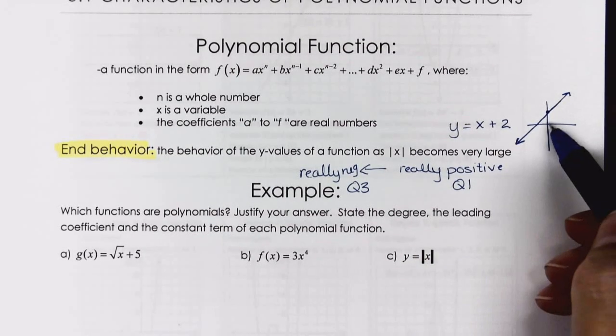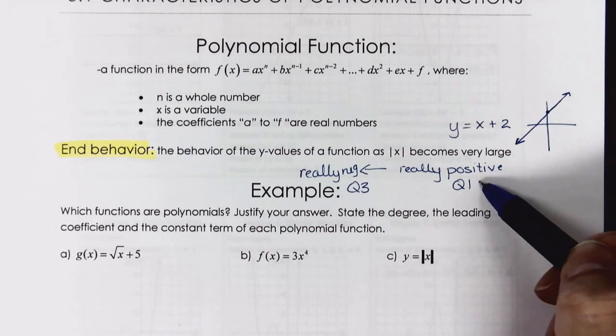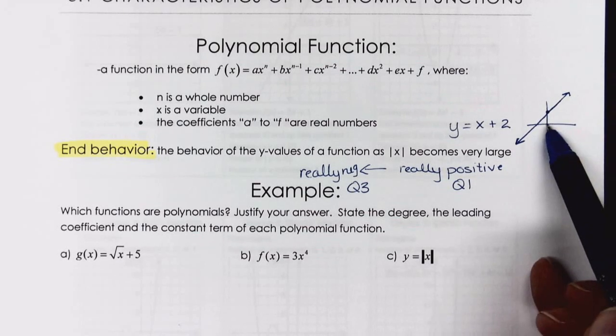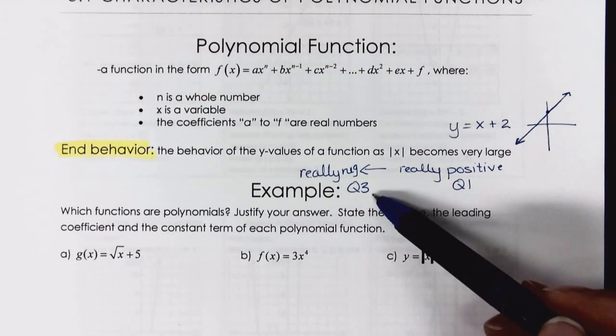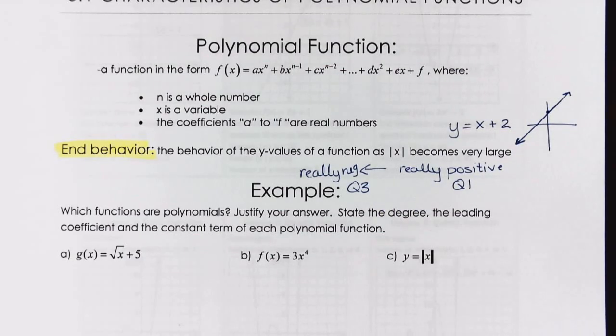As x increases in the positive, we're going into quadrant 1. But when x gets really negative, we're going into quadrant 3. That's end behavior, and that's important, because we're going to know that for all the types of polynomial graphs.